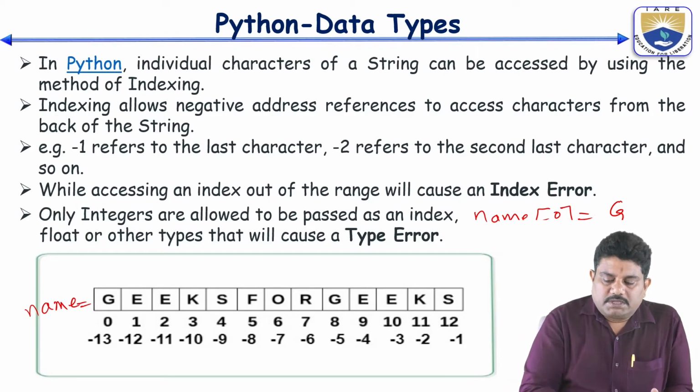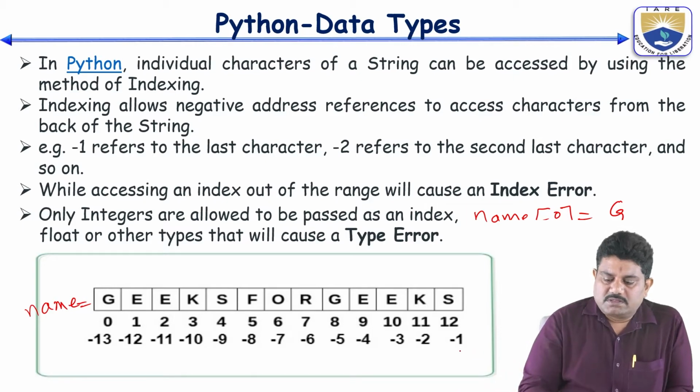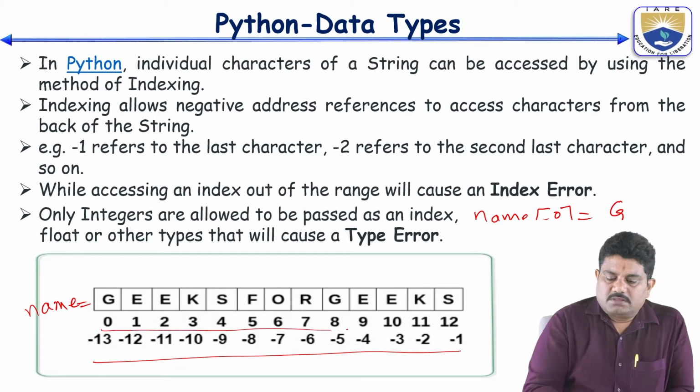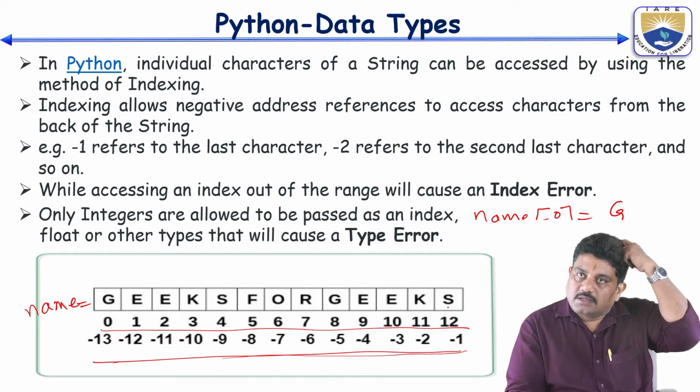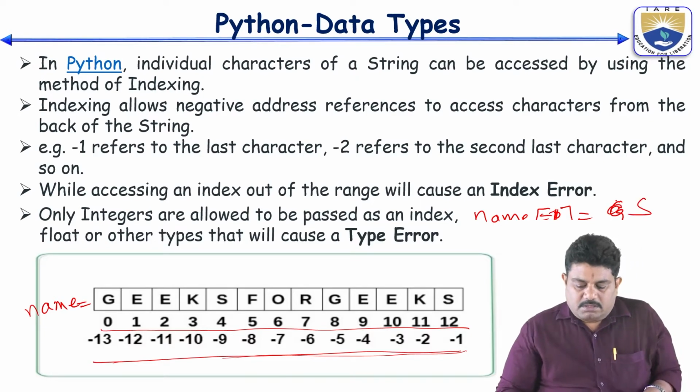And not only that, if you want to access from the end of the string, we can use these values. From starting 0, from ending -1, -2, -3. If you want to access s, you can pass like this -1. Name of -1 gives s. Okay, we will see in example.